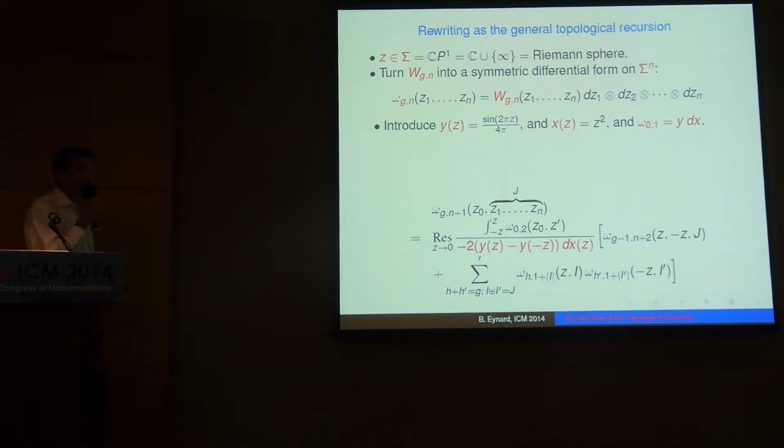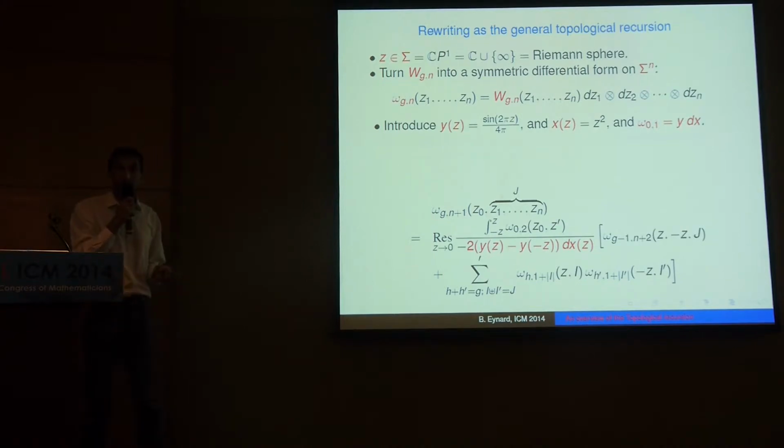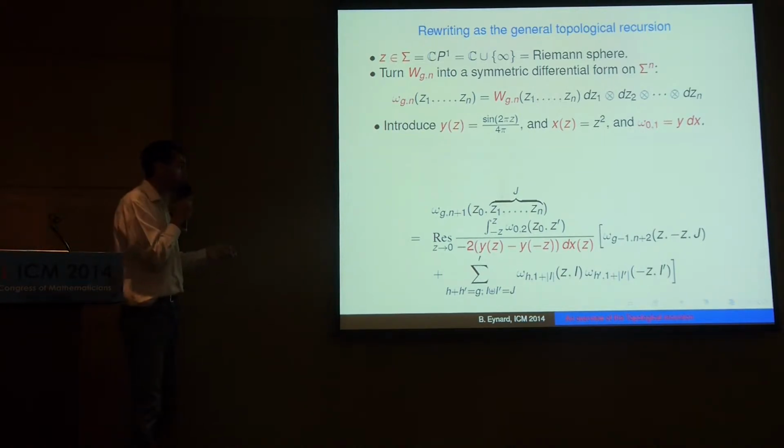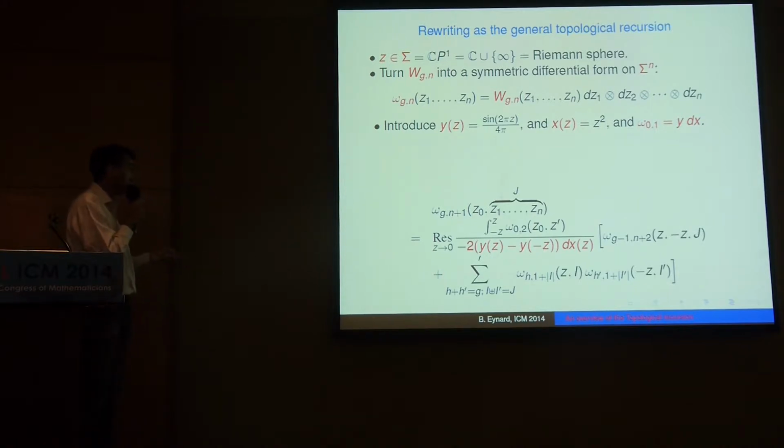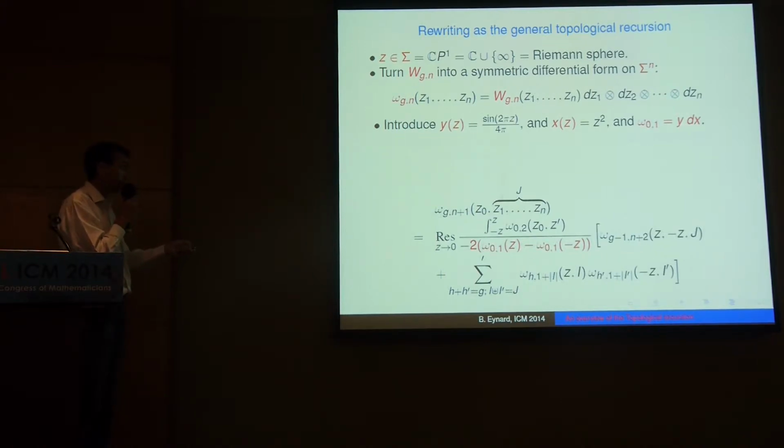It's because I will be interested later in curves which have no involution. So this one was odd, it had an involution, but for general curves there will be no involution, so I prefer to put things in that form. Now I also define omega_{0,1} to be y dx, so that you can also write it this way, omega_{0,1} of z minus omega_{0,1} of minus z. It starts to look more universal, but there is still something to understand.